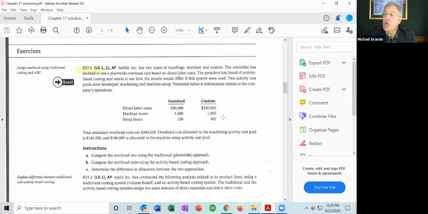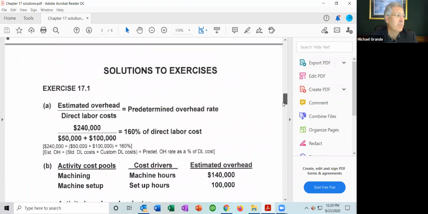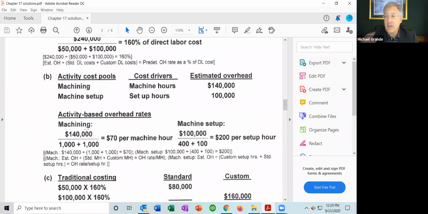So the total activity base is the combination of both, which is 2,000. $140,000 for that cost pool divided by 2,000 machine hours, you have an activity rate of $70 per machine hour.